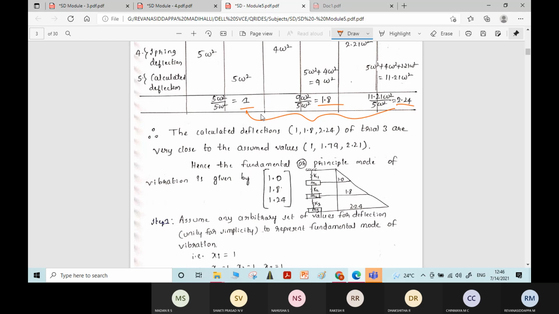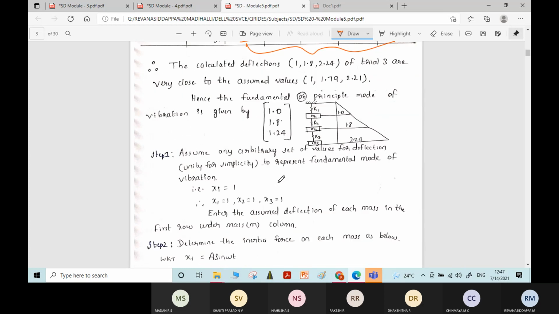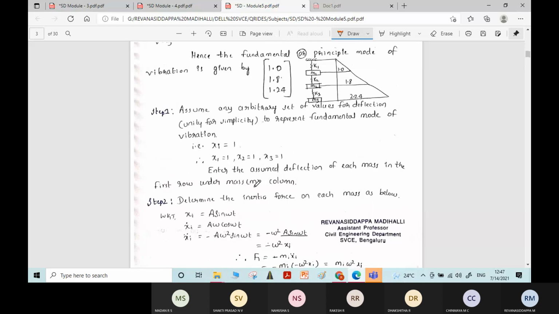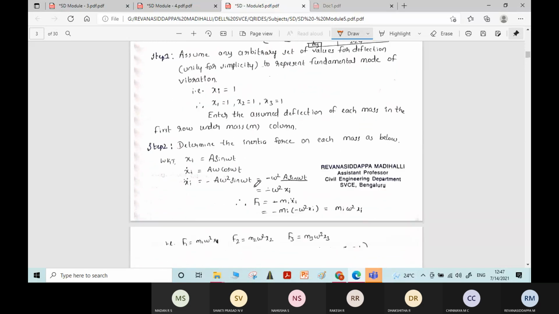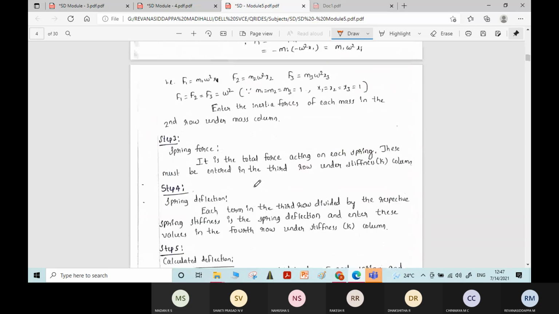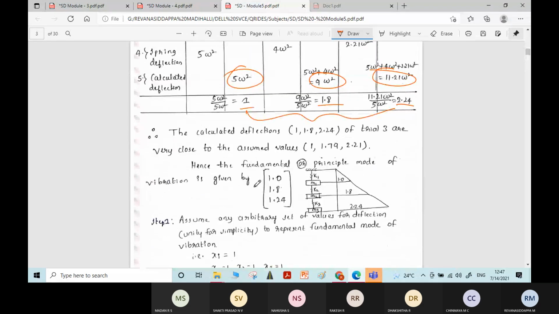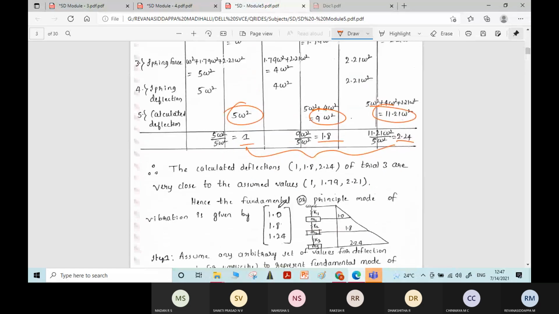Now using these values and the calculated deflections of 5 omega square, 9 omega square, 11.21 omega square, you can find the natural frequency. I think it is not calculated here, maybe in the next coming problems it is calculated.